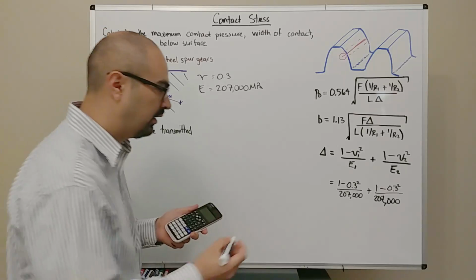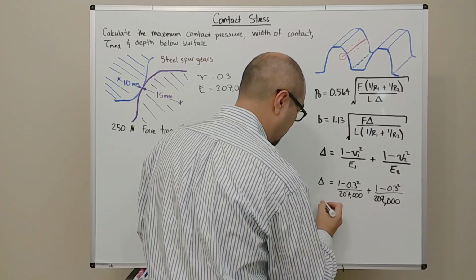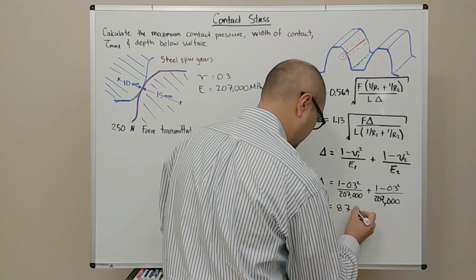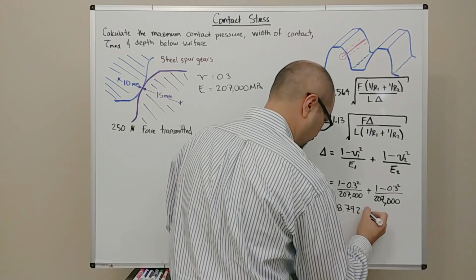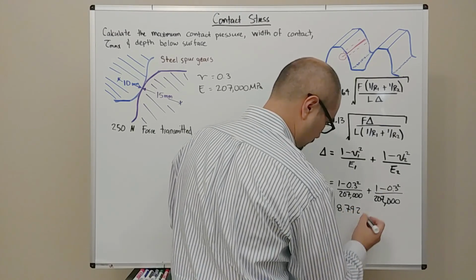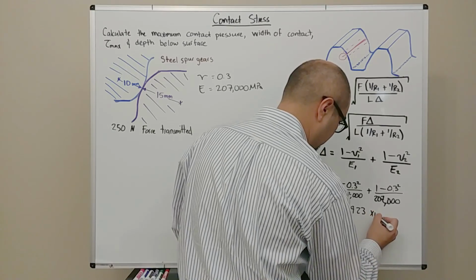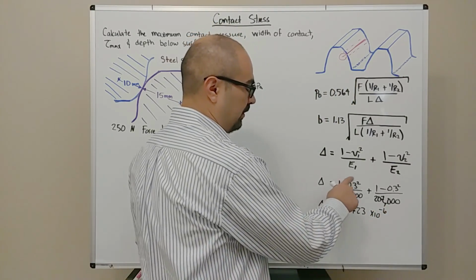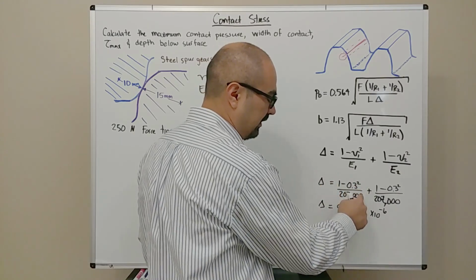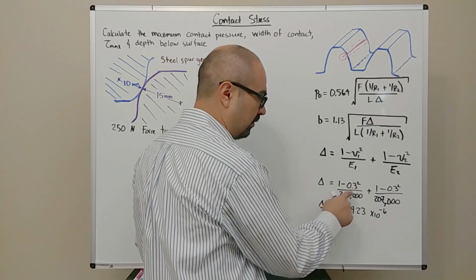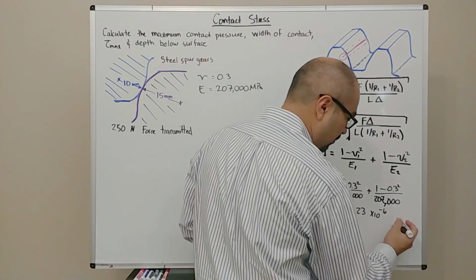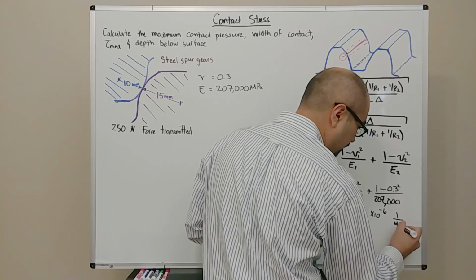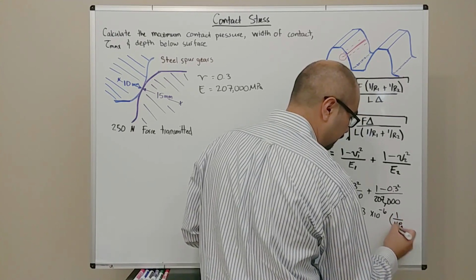And so the value that I get for delta is 8.792 times 10 to the minus 6. Again, on the top we have Poisson's ratio, which is unitless. On the bottom we have the elastic modulus, which I have in units of megapascals. So this has units of 1 by megapascal.